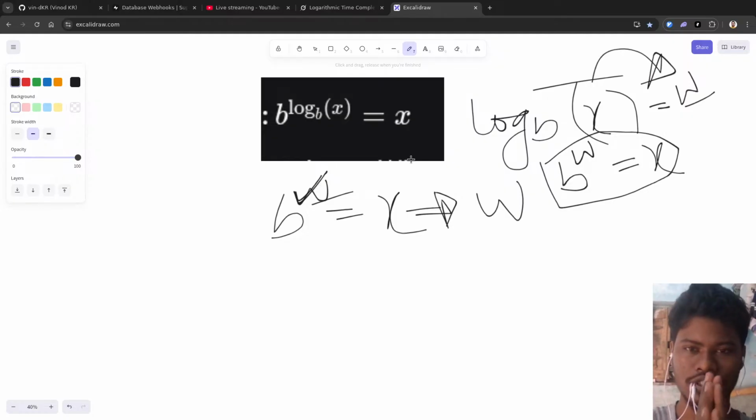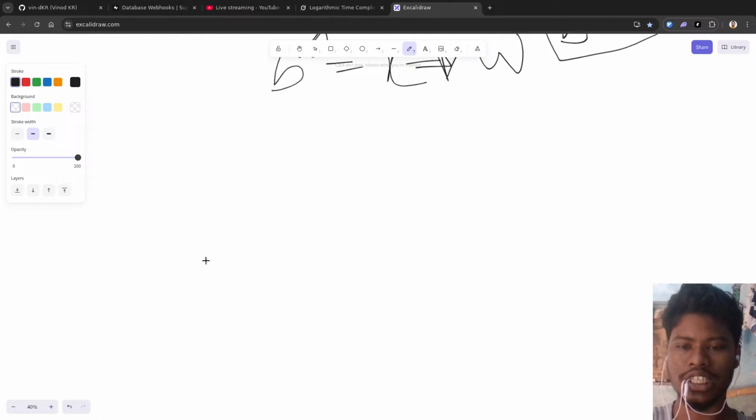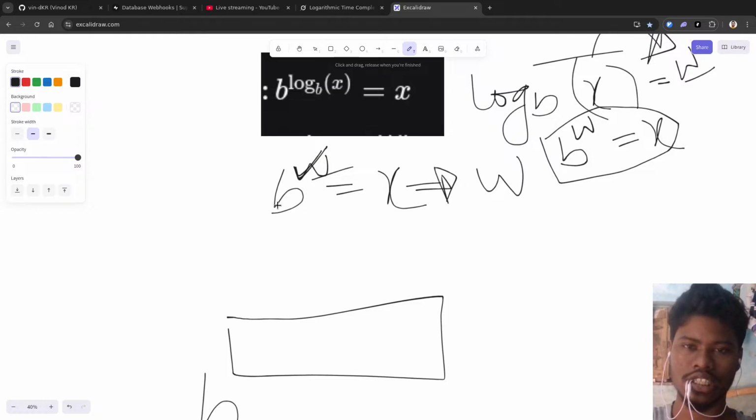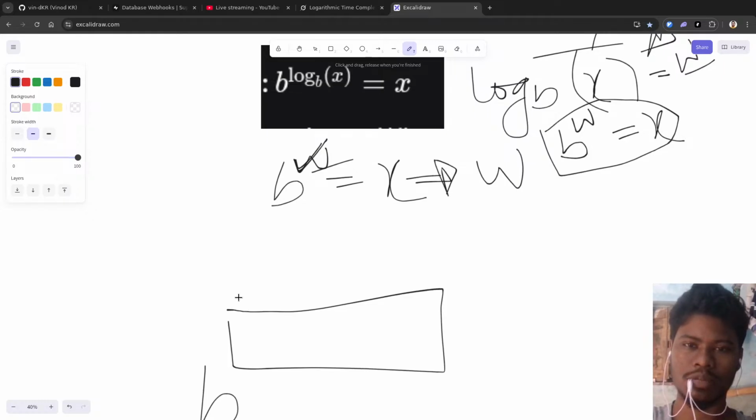So basically what's happening in here is that b has a power, and this power is the log.